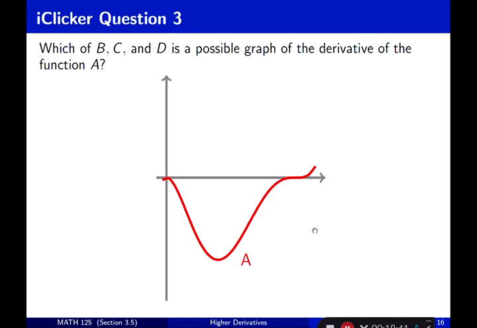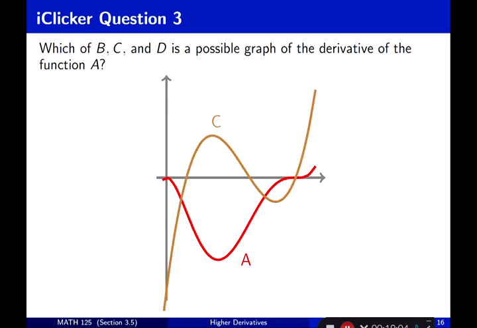So let's see which one of these is going to work. Is this a good fit? B, when it's decreasing, it's below the x-axis, and increasing. Let's bring up the rest of them.